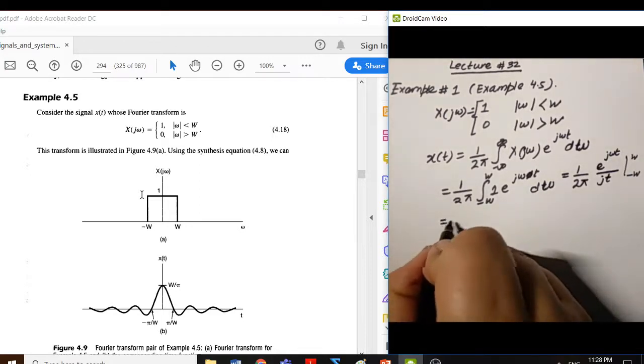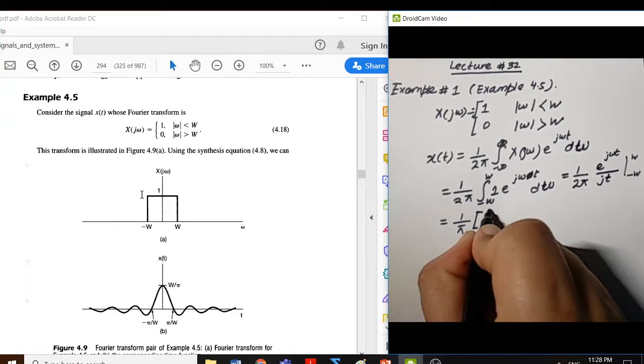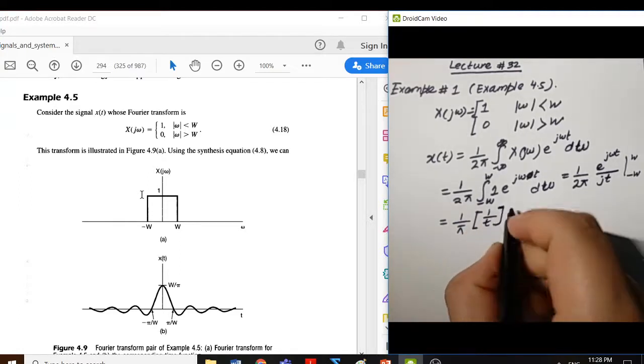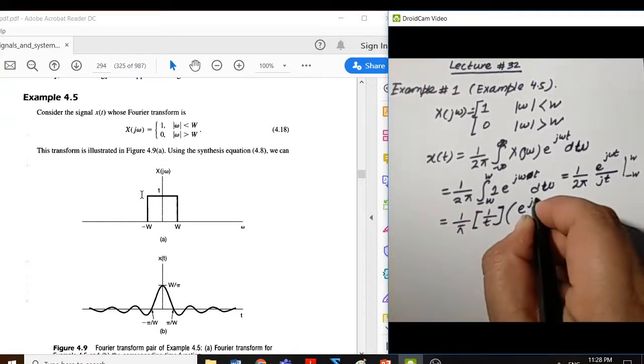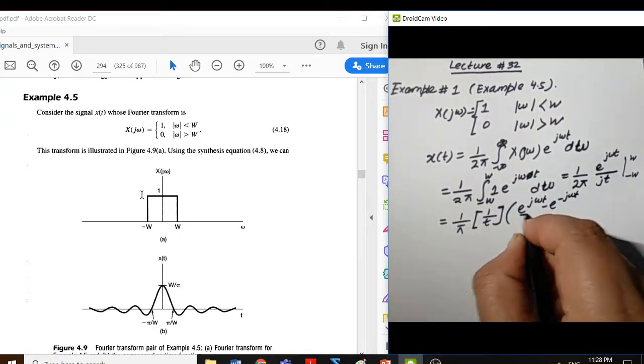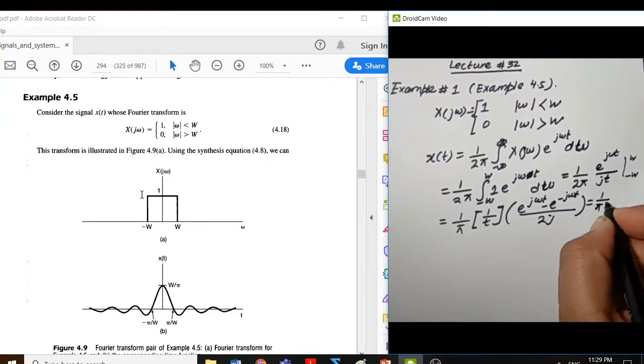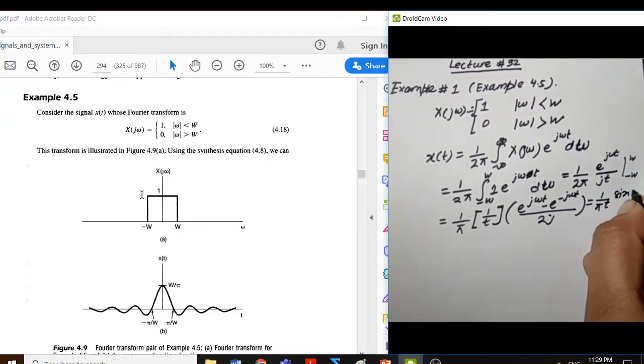So this becomes 1 by pi into 1 by t, and again rearranging it like the last lecture by 2j gives us 1 by pi t sine of W t.